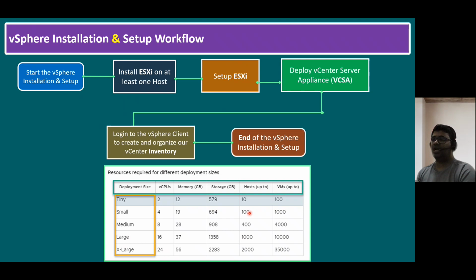That means from 82, we are adding 30 more, so our ESXi host count goes above 100. In that scenario, we should recommend to the customer, since our vCenter is currently running with a small deployment size, that when we go for additional ESXi hosts, more than 100, we should, as a vSphere technical consultant, highlight to our management or customer that it's recommended to increase our vCenter deployment size from small to medium. That is how we can plan to increase our vCenter virtual CPU, memory, and storage.